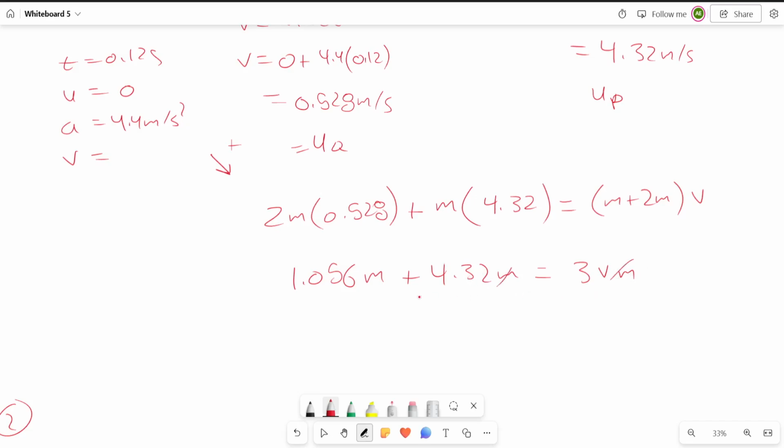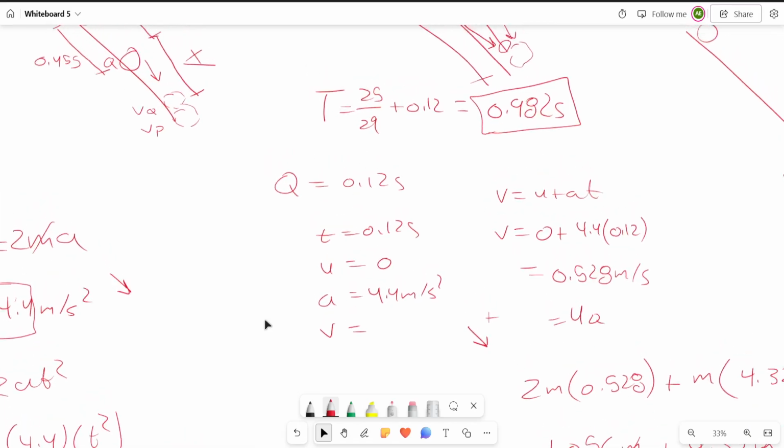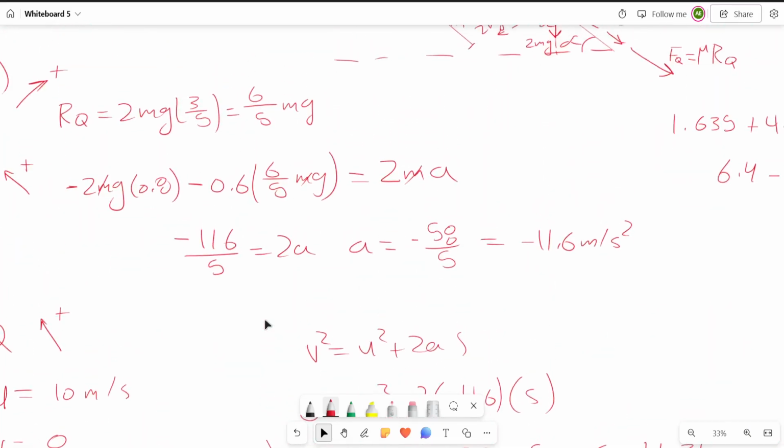So now I can cancel M from everywhere, and V is going to equal 1.056 plus 4.32 divided by 3, which is going to give me an answer of 1.79 meters per second, and that is the joint speed that they will both move with, and this is basically the answer to part C.